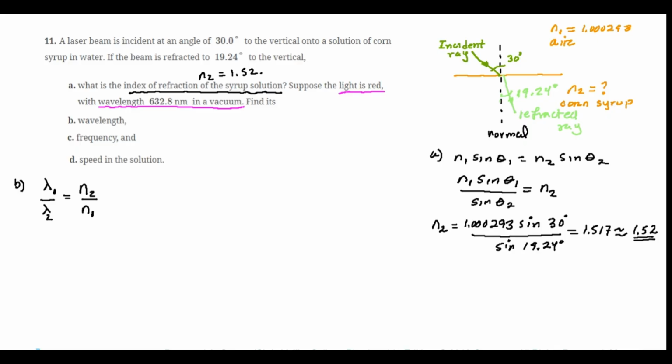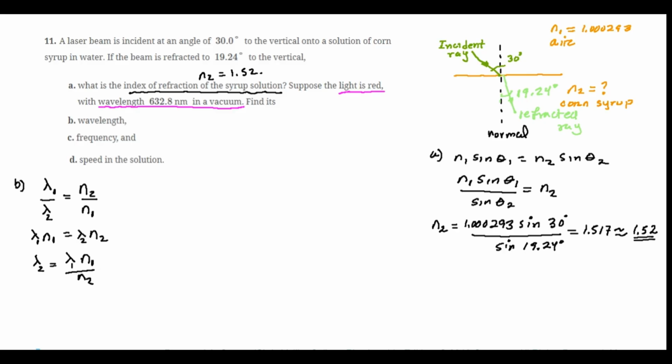We can rewrite this by cross multiplying: wavelength of 1 times index of refraction of 1 is equal to the wavelength of 2 times the index of refraction of 2. Solving for wavelength of 2, we get that the wavelength of 2 is the wavelength of 1 times the index of refraction of 1 divided by the index of refraction of 2.